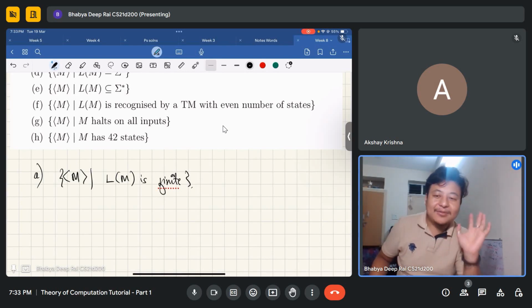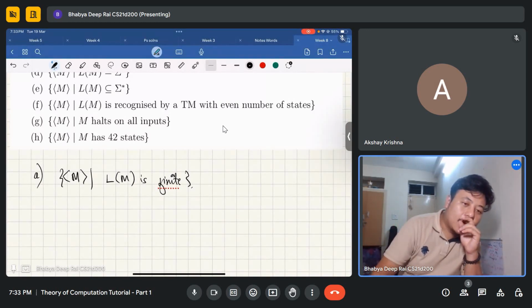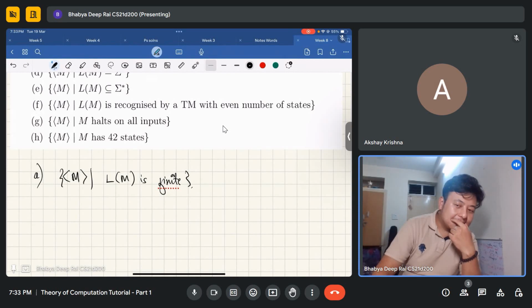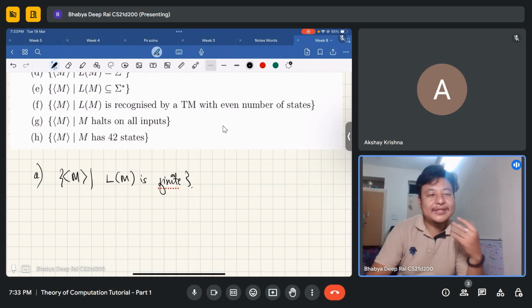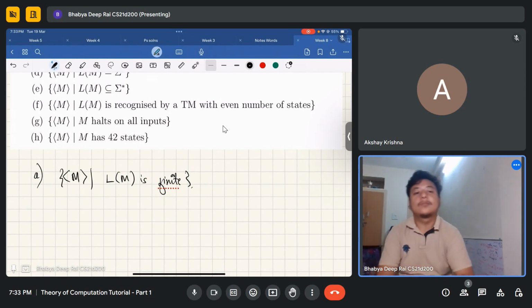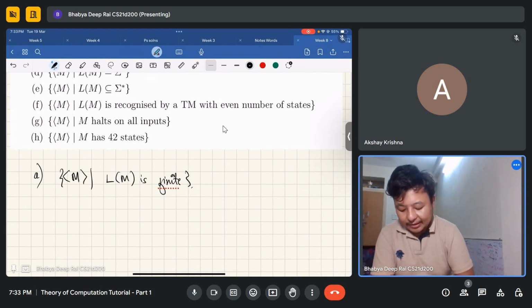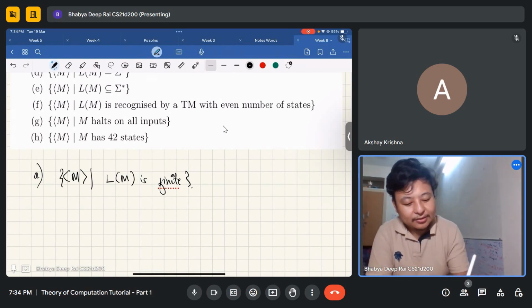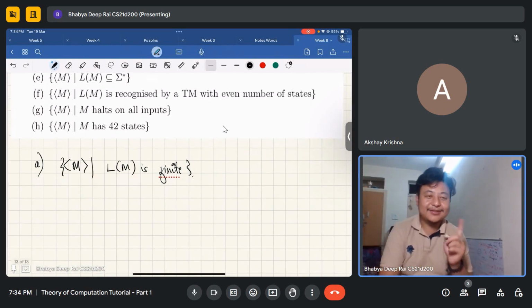So is it true that for any machine given, the language is always finite? Or is it always true that for any machine given, the language of that machine is always infinite? So that is what I meant by trivial. But the answer is that it is actually non-trivial.